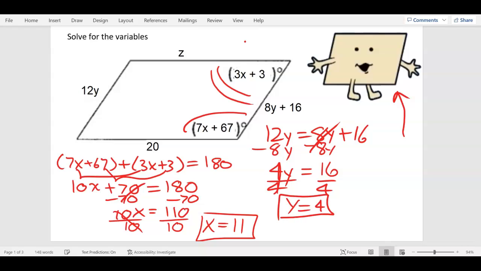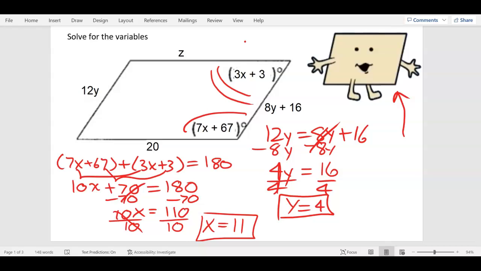Perfect. Now, last one, z. What do you think z is going to be equal to? 20.